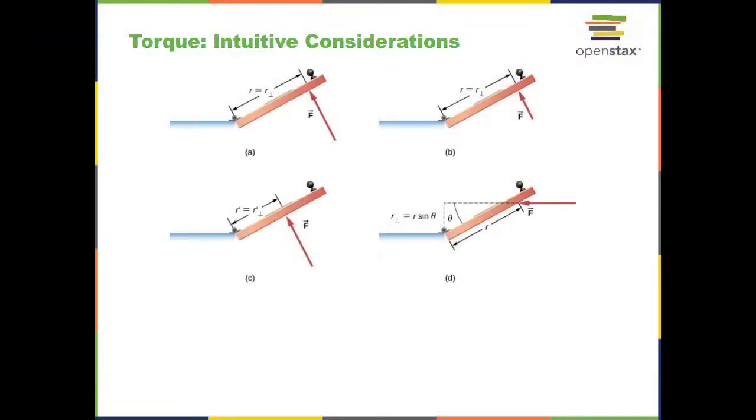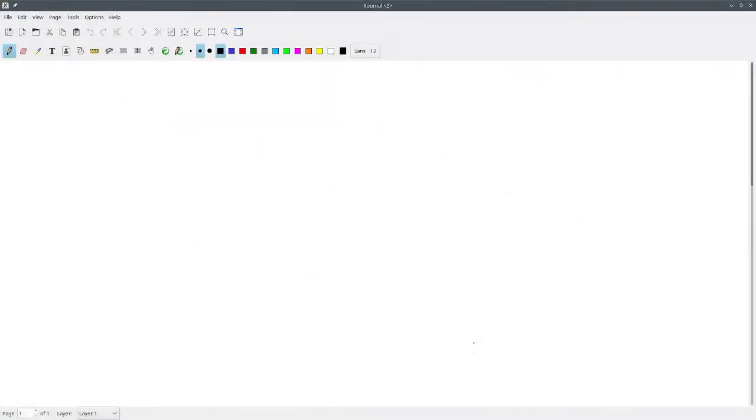So if we look at that mathematically, then in our description of torque, we're going to describe that with a formula where the torque as a vector quantity is the cross product of the position r and the force F. So does that satisfy our intuitive understanding?